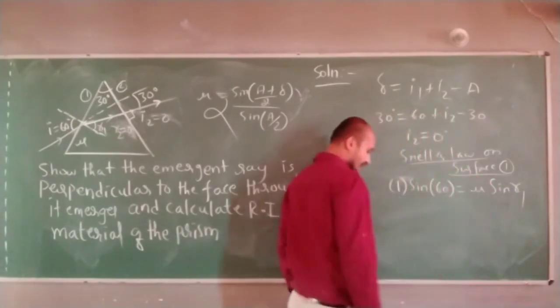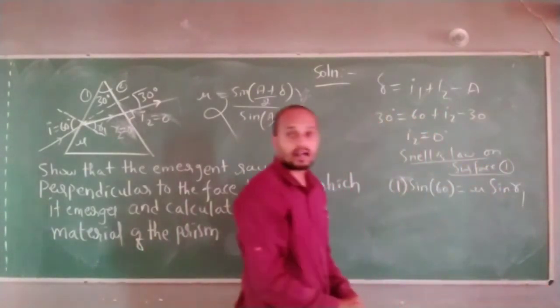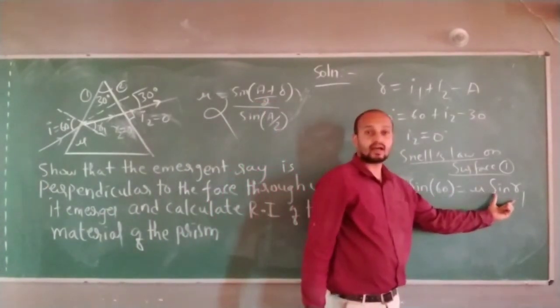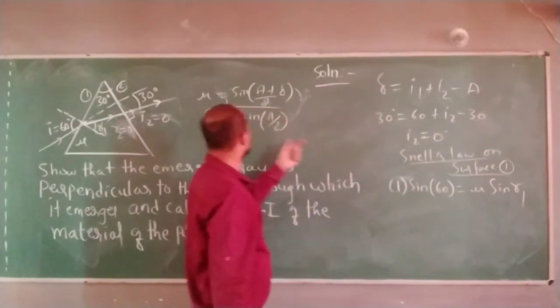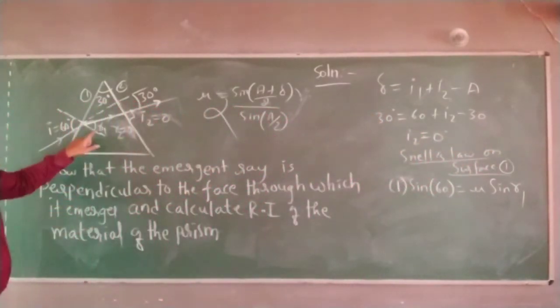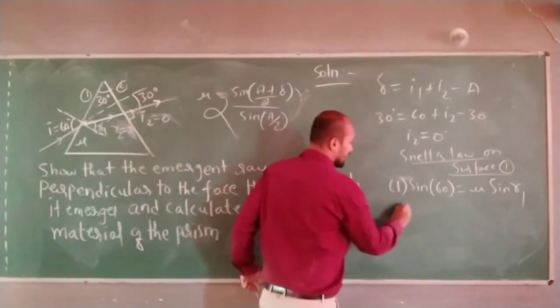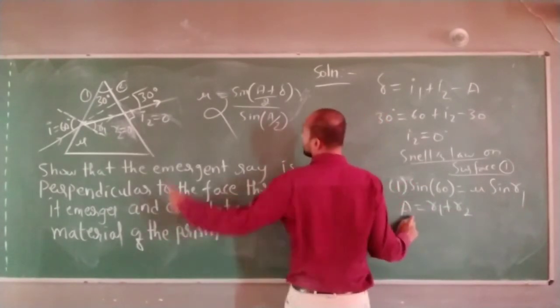I don't know R1. How are you going to find R1? R1 can be found out. See here. From the equation, A is equal to R1 plus R2. A is how much? 30 degree.